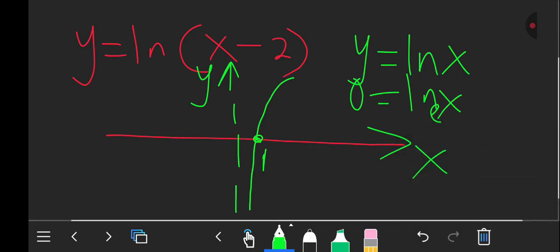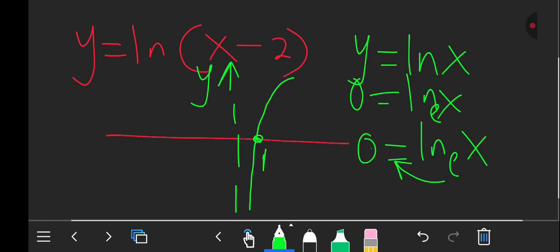So 0 is equal to log base e of x. You take the e to the other side, so e to the power 0 is equal to x. And any number to the power 0 is equal to 1. So x is equal to 1. So where it crosses the x-axis is just 1.